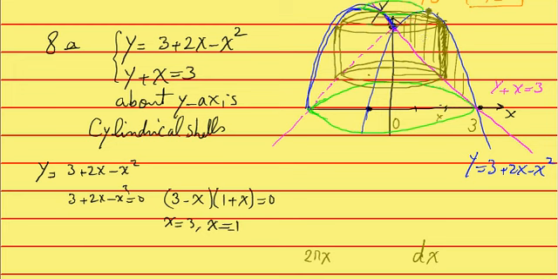That's going to be the distance from the blue to the purple. The equation of the blue curve is this. The equation of the purple curve, we might write it as y equal to 3 minus x. When you subtract these two, the difference is going to be 3x minus x squared.